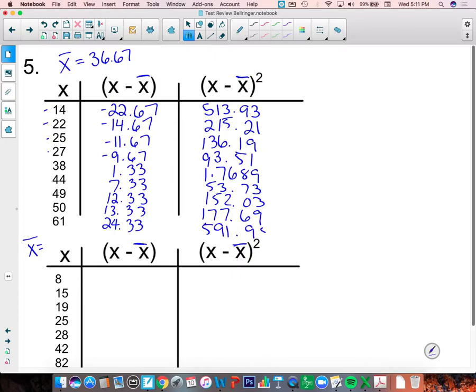And I'm probably just going to do the first half of this problem, and you guys can have time later to finish this.